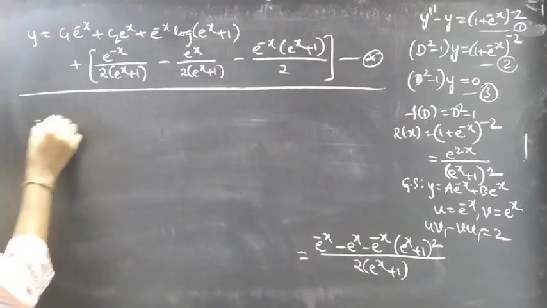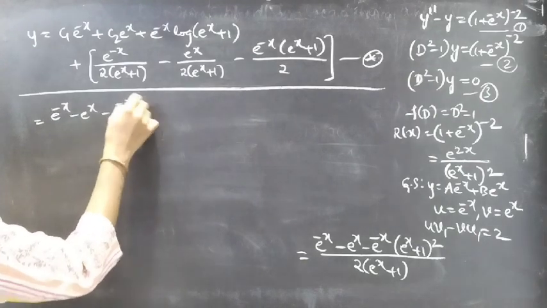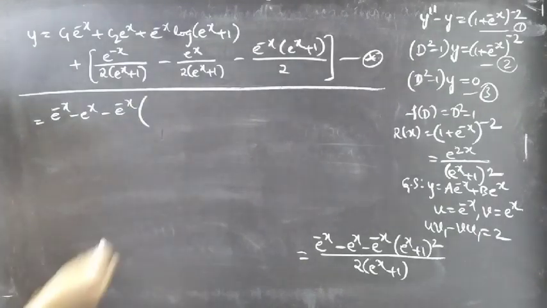This gives us e^(-x) - e^x - e^(-x) times the expansion of (e^x + 1)^2.